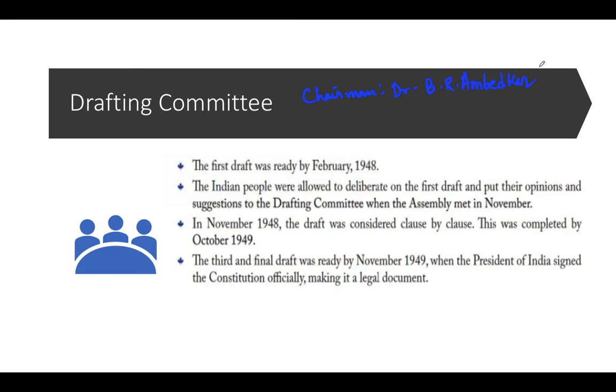After India gained independence, the pace of drafting the constitution picked up. Here you can see the first draft was ready by February 1948.